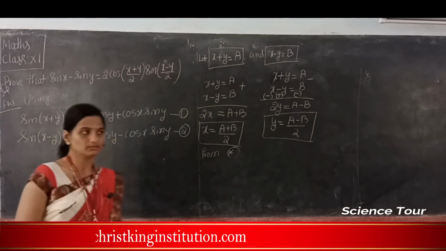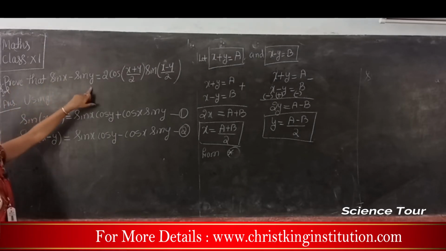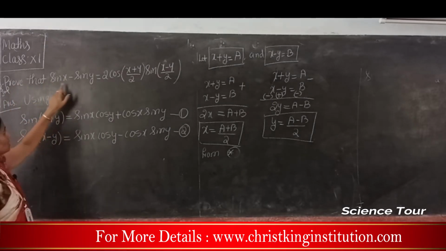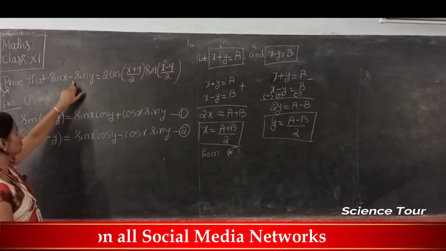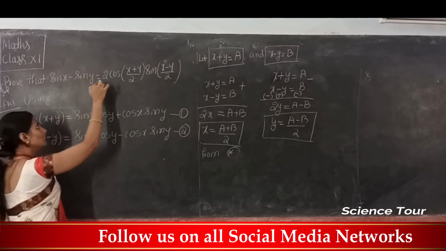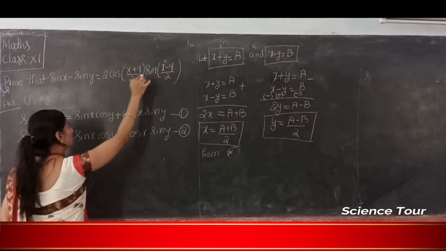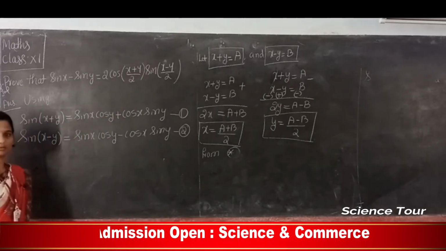Now next prove that sin x minus sin y. Previous question is sin x plus sin y, right? Now it is sin x minus sin y, which is equal to 2 cos x plus y by 2 sin x minus y by 2.